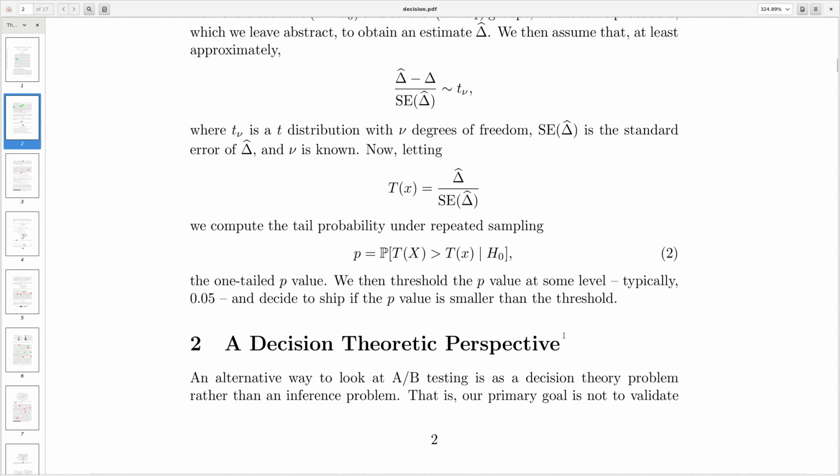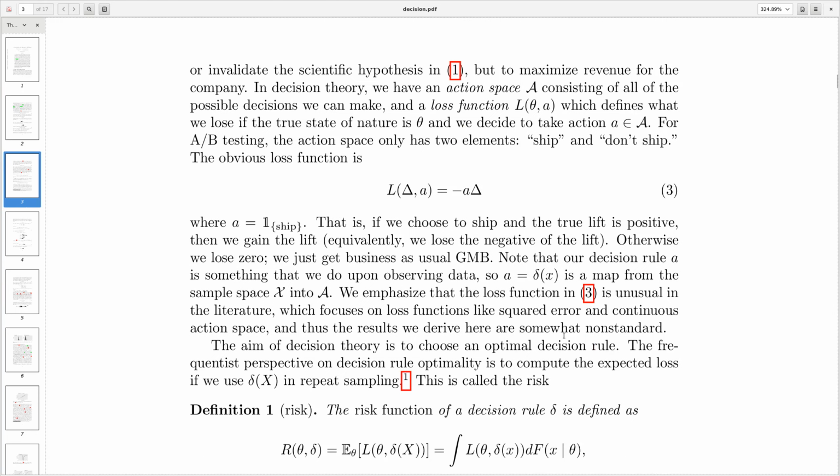That's the lift, and the bigger the lift, the bigger the loss under declining the new feature. That is, if we choose to ship and the true lift is positive, then we gain the lift. Equivalently, we lose the negative of the lift. Otherwise, we lose 0. We just get business as usual.